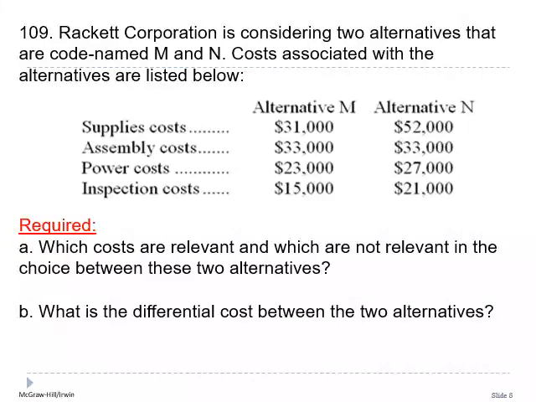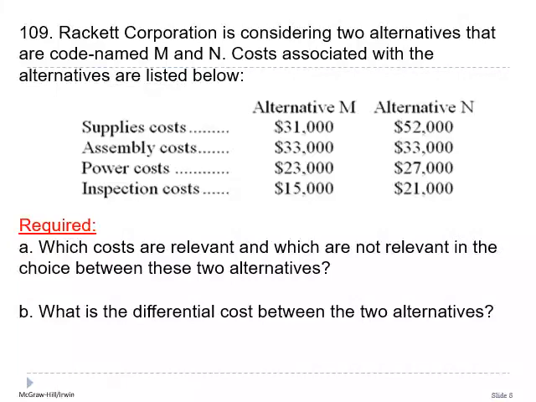52,000. Assembly costs for M, 33,000, for N, 33,000. Power costs for M, 23,000, for N, 27,000. Inspection costs for M, 15,000, and for N, 21,000.